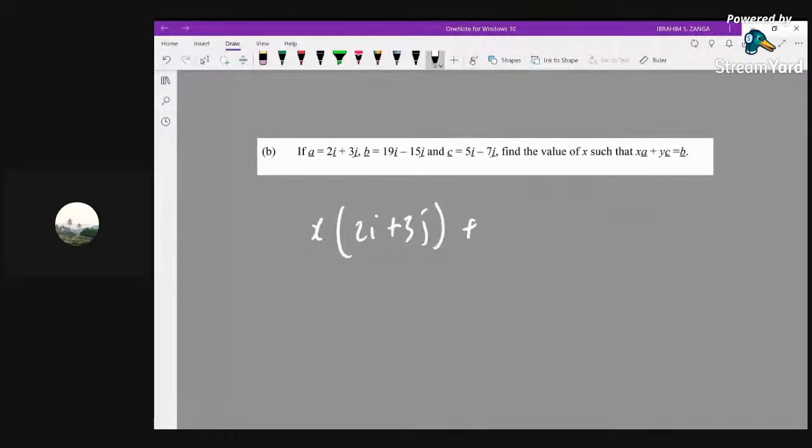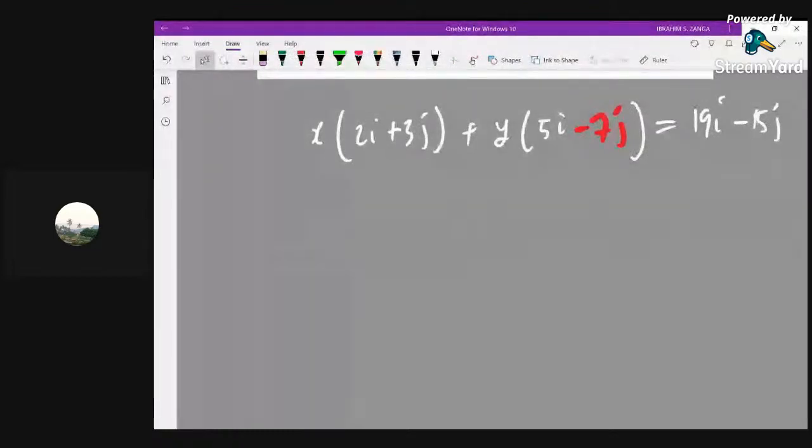plus y times C, 5i minus 7j, equals B, which is 19i minus 15j.